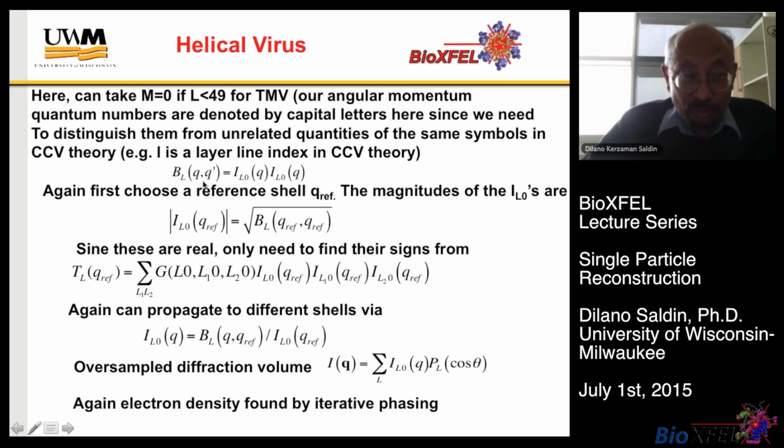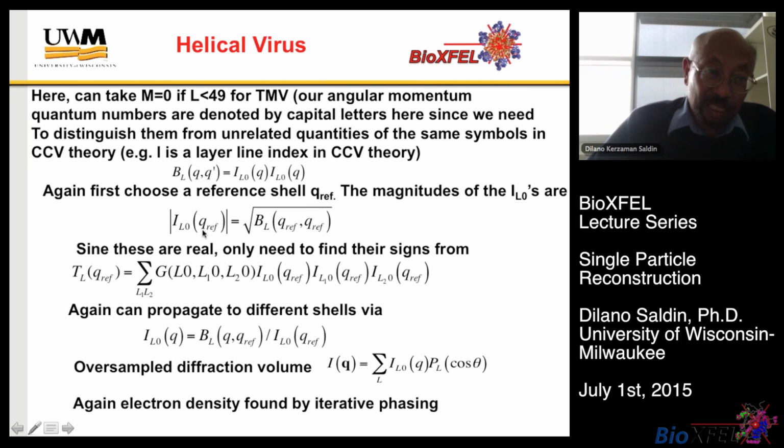And therefore, one can find the magnitudes of the I_L0 coefficients for a particular reference shell by just taking the square root of the left-hand side. Now, once again, these quantities are real, so we only need to find their signs, and we do that as before with these triple correlations. So the left-hand side is known from experiment. Everything on the right-hand side is known except the signs. So we consider all possible combinations of signs until we get best agreement with the left-hand side.